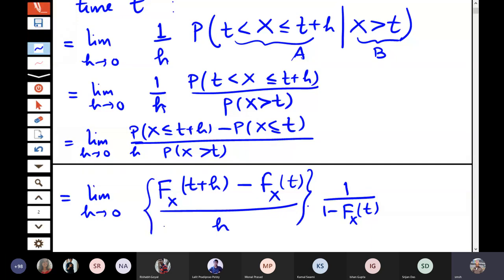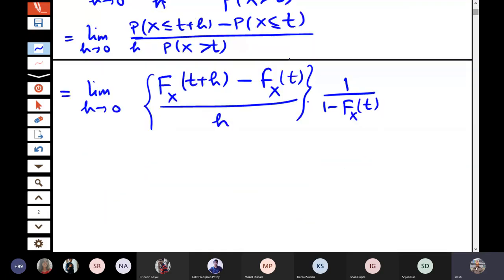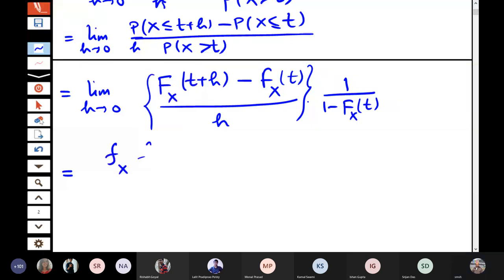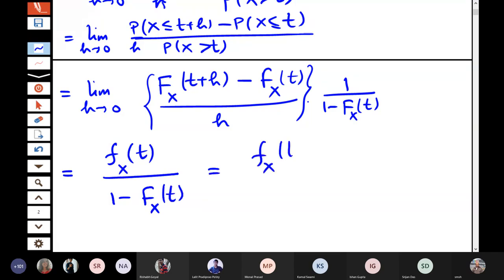Now this limit as h tends to 0 is nothing but the derivative of the CDF, the density. So if we are assuming the life as a continuous thing, then this is a continuous CDF of a continuous random variable. So it will become nothing but the derivative of the CDF, that is the density function divided by the reliability function.